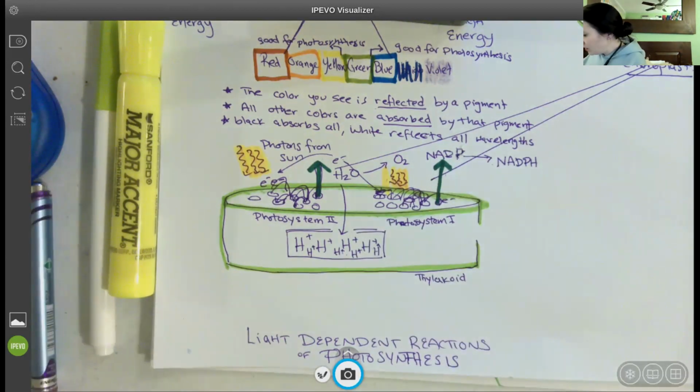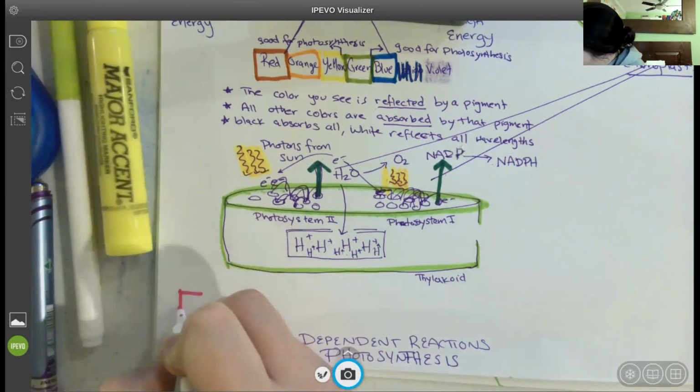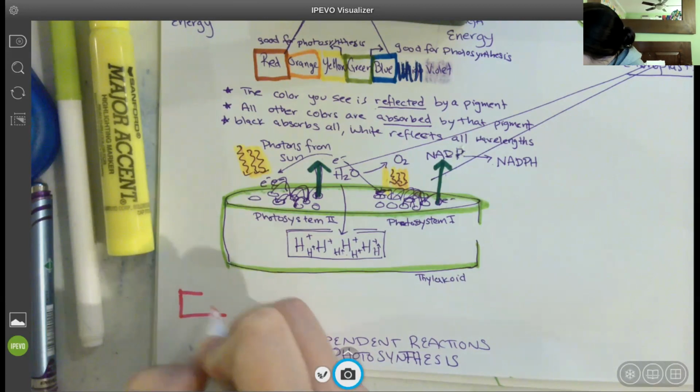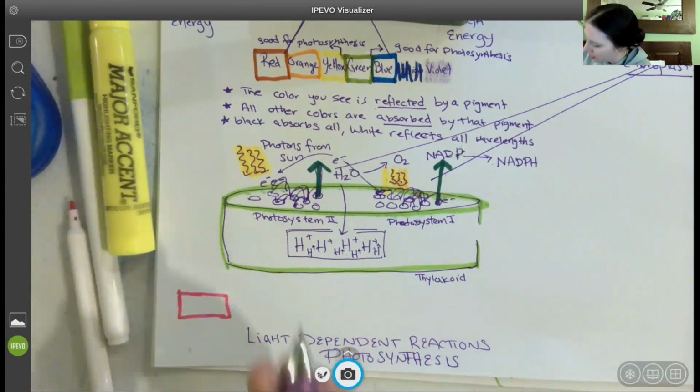Let's color code some stuff. Let's take some colors we've not used much, blue and pink. Why not? Okay. So I'm going to put a pink box around the products of photosynthesis.